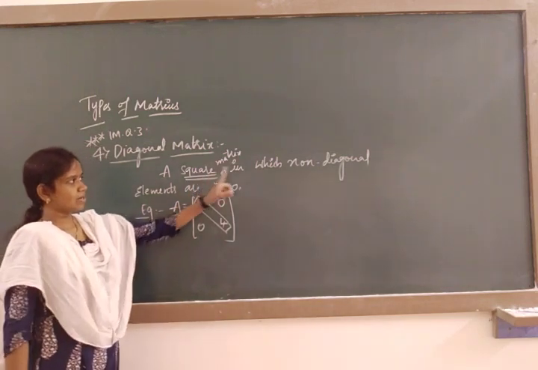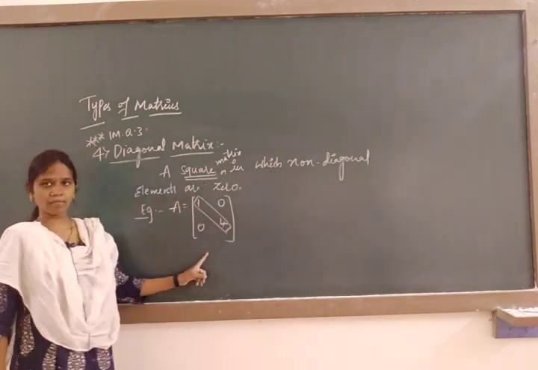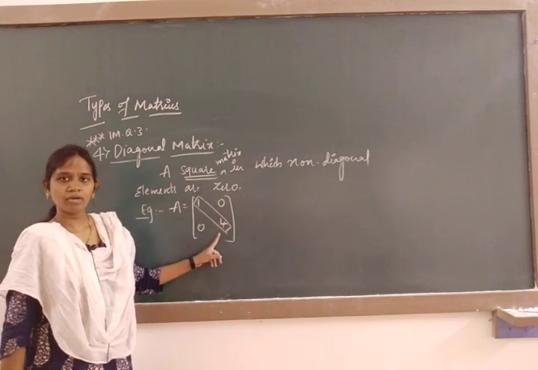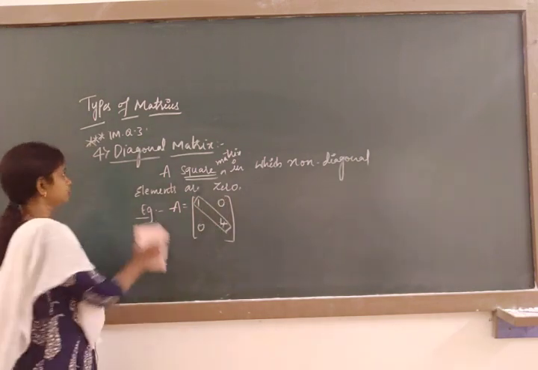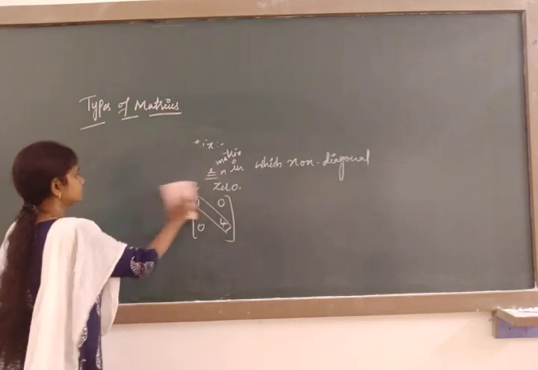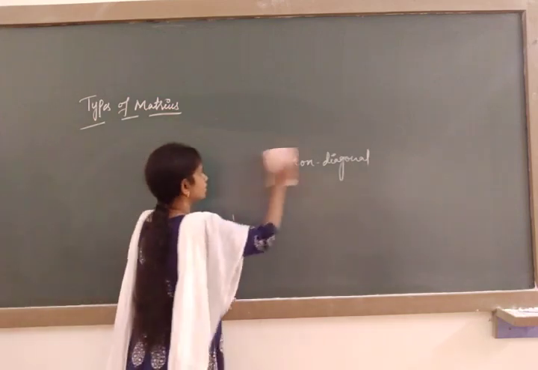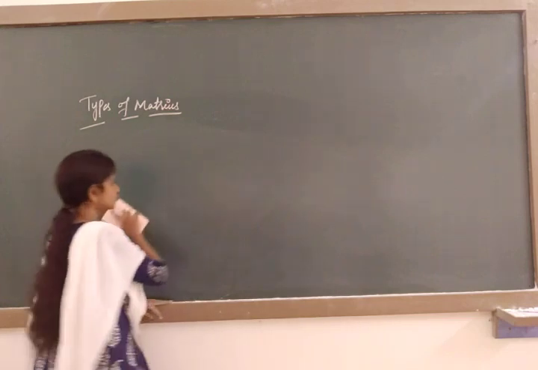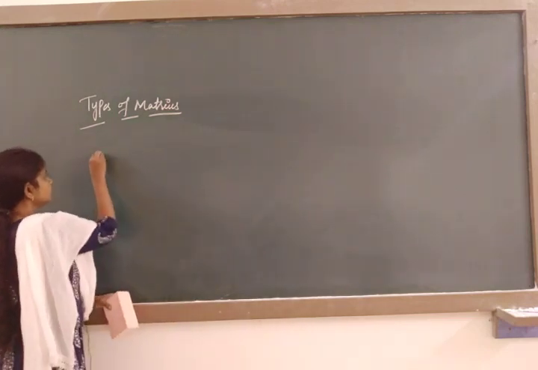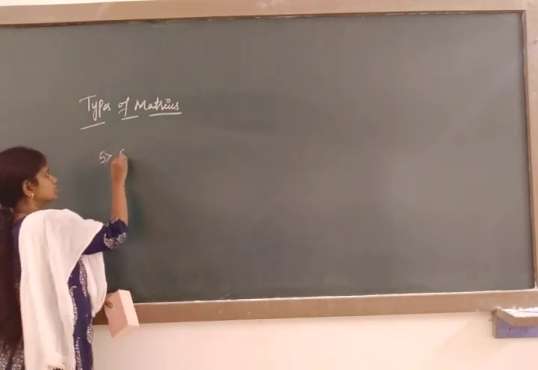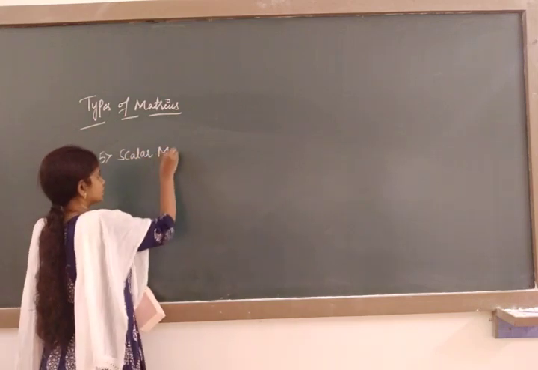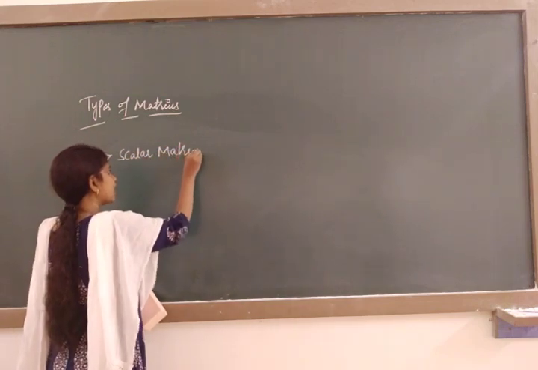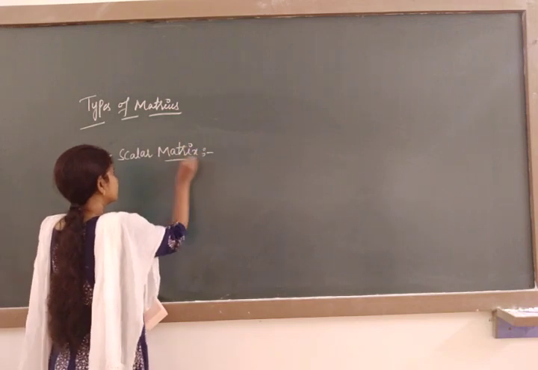So what is a diagonal matrix? The condition is that it should be a square matrix. From left top to right bottom are called diagonal elements, and the remaining elements are 0. Next, take the scalar matrix. It is the same definition, but the diagonal elements are to be the same here, whereas in the previous case the diagonal elements were different.